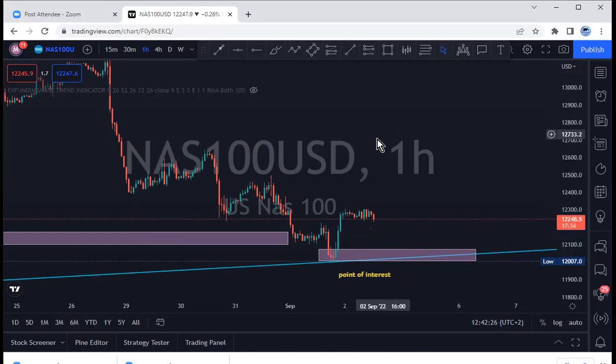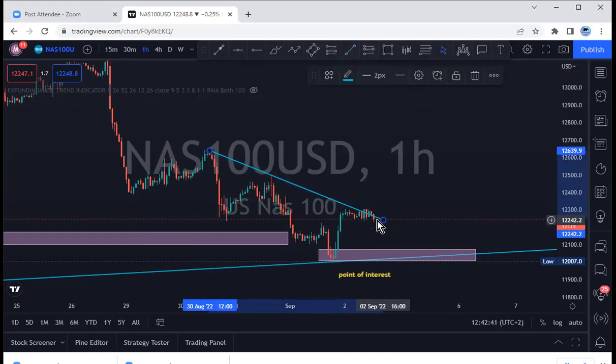In this case, let me shift to the smaller time frame. But before I go to the smaller time frame, we have ourselves a minute trend line here. Let's adjust it. It was broken, but I can't really say it closed above in this case.